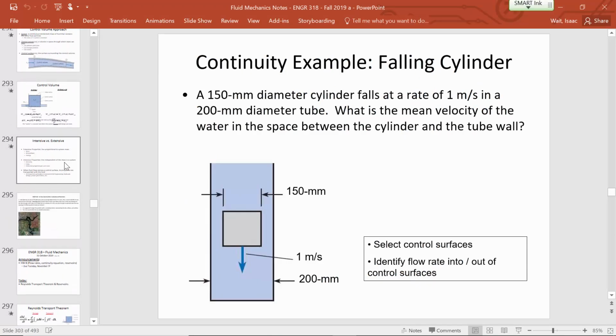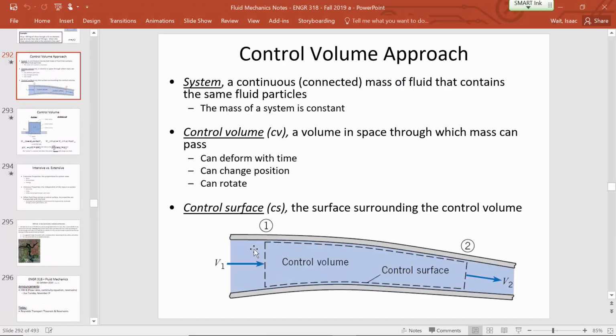So like in this example, our control surfaces where something is flowing in and something is flowing out looked like this. And what you want to do is make sure that the control surfaces that you draw enclose a volume. So a control surface can't just be a plane. It has to be encompassing some interior volume.